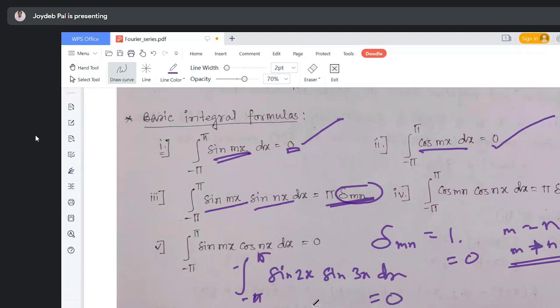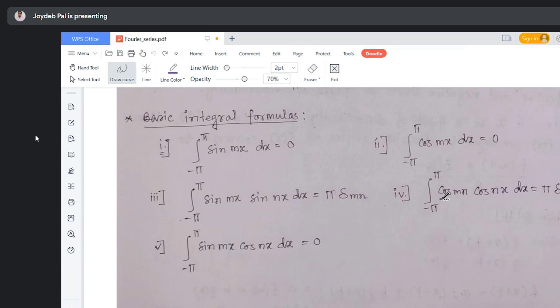You can verify it also. एंड अगर दोनों ही साइन 2x होता तो उसका वैल्यू हो जाता पाई, मतलब माइनस पाई टू पाई साइन स्क्वायर 2x, value of that will be pi.